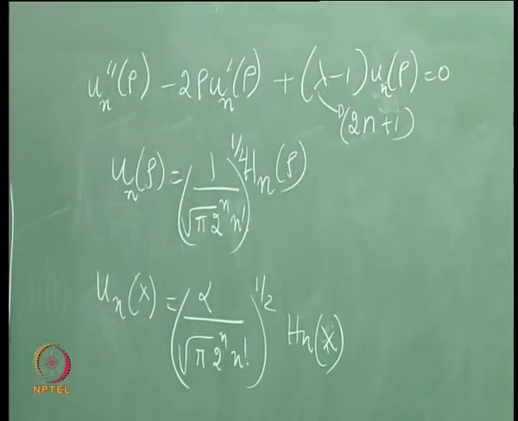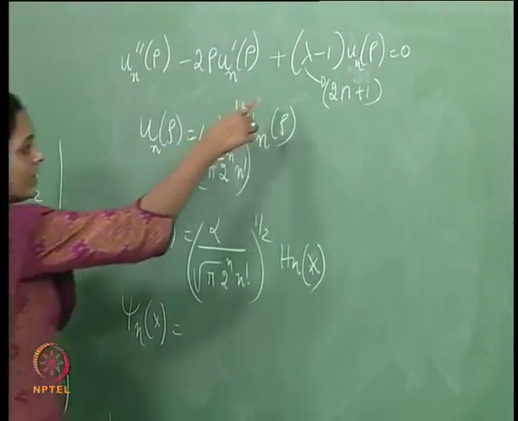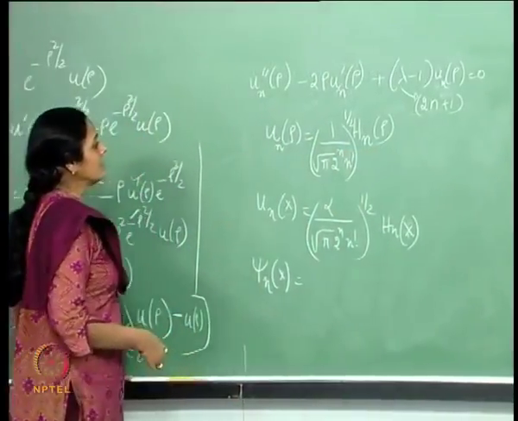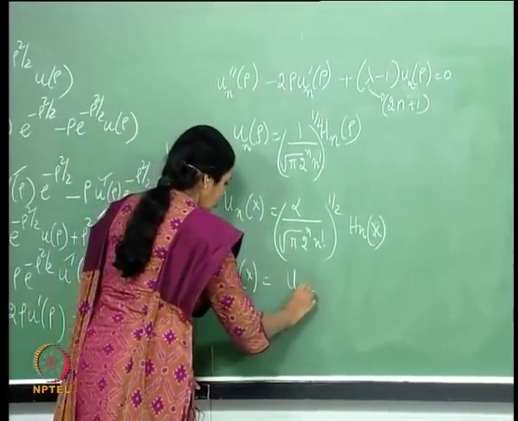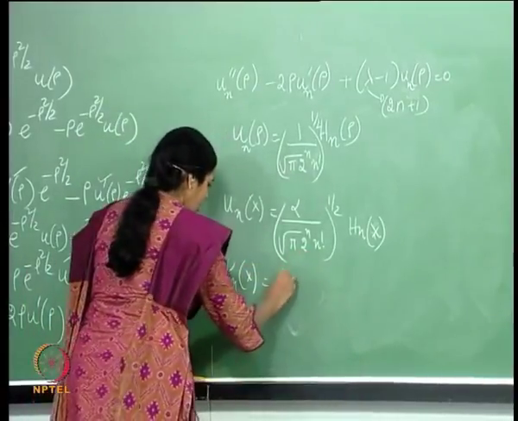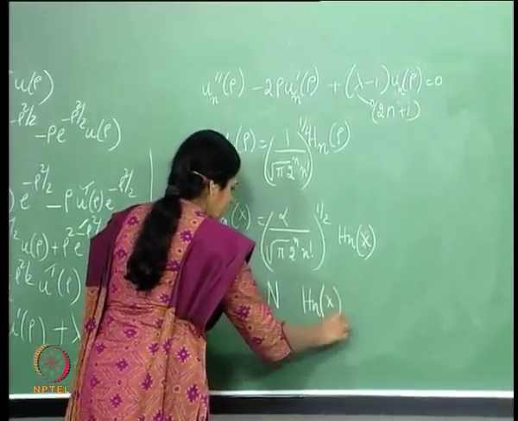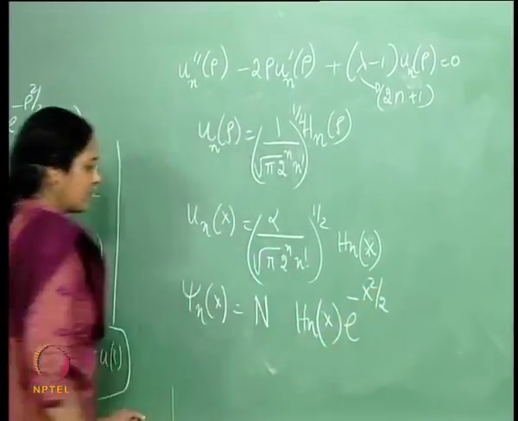The un's form an orthonormal basis set of functions, but now going back to psi, I now write psi n of x, because for a given value of n and therefore lambda and therefore E, I have a certain wave function, and that is given by this object un of rho, which is essentially Hn. So let me not write the normalization, it is some normalization n, Hn of x times the Gaussian e to the minus x squared by 2.